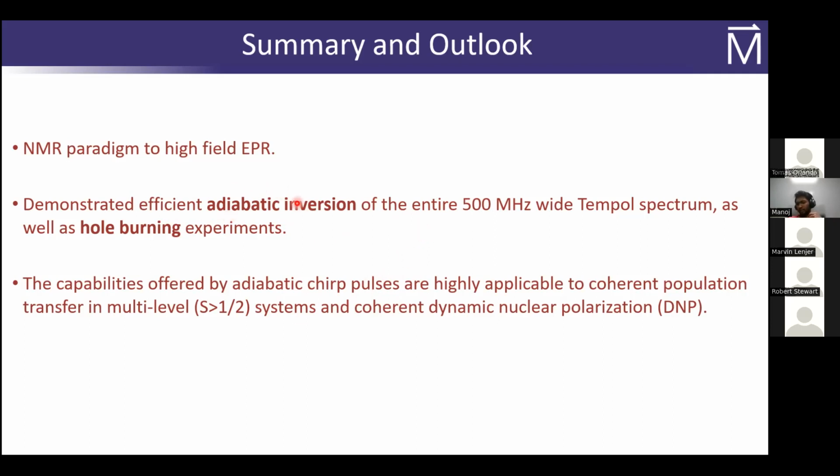In addition to that, we also did these pump probe type experiments, the hole burning experiments. The capabilities provided by this chirp pulse can also be used for adiabatically transferring population in a multi-level spin system, and also in coherent dynamic nuclear polarization.